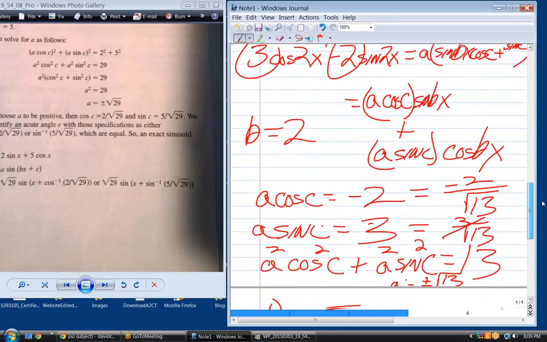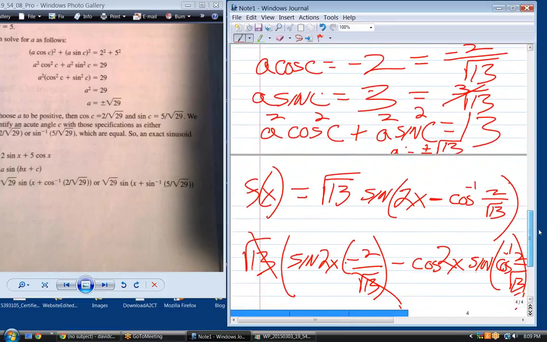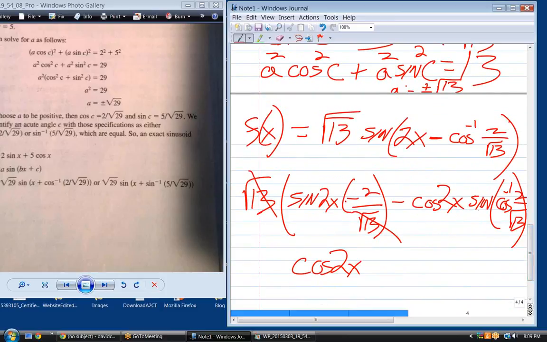Oh, this part over here has to be different. This has to be the sine of, oh, this can be either the inverse cosine of 2 over root 13, or it can be the inverse sine of 3 over root 13.